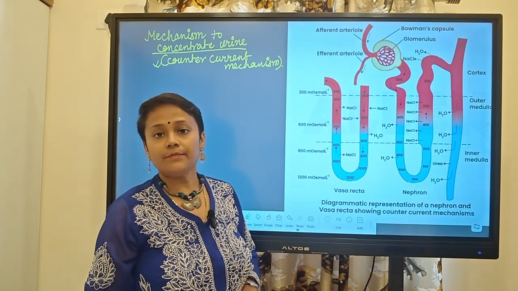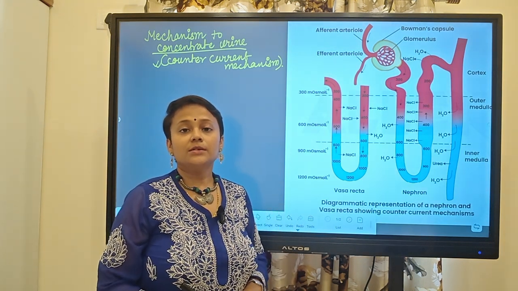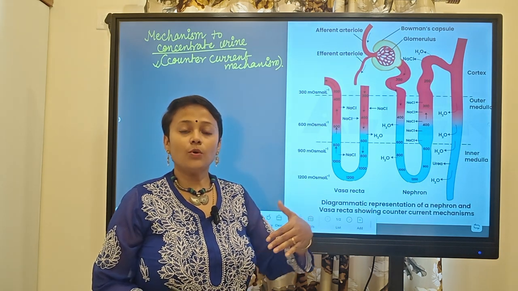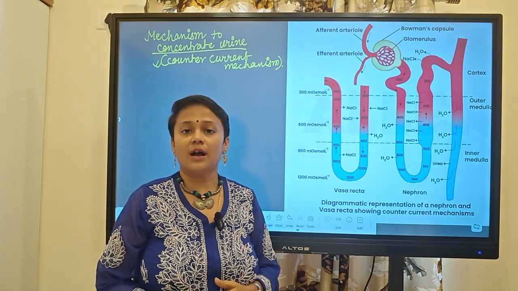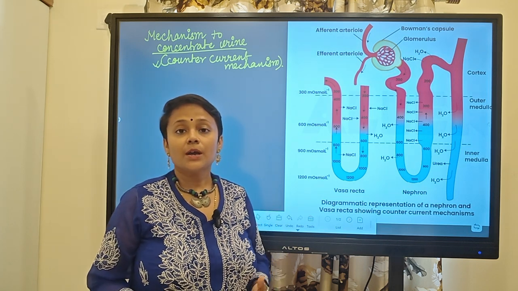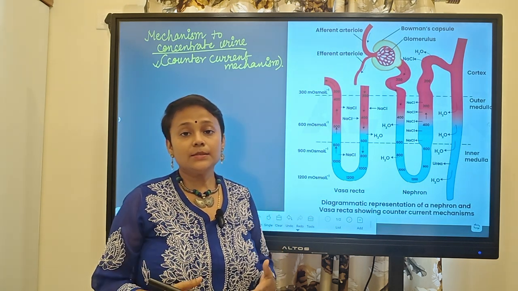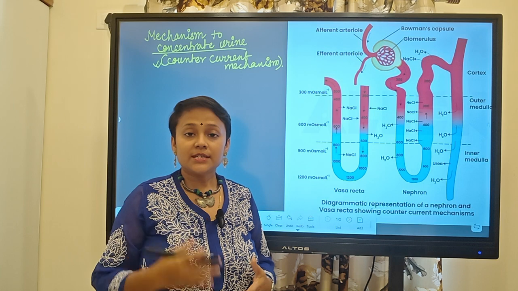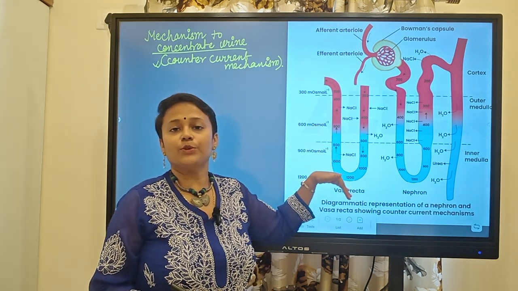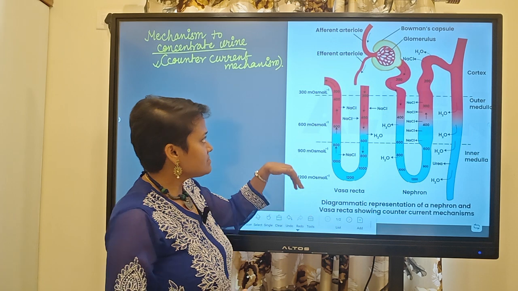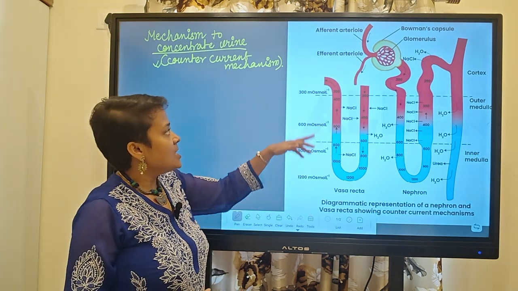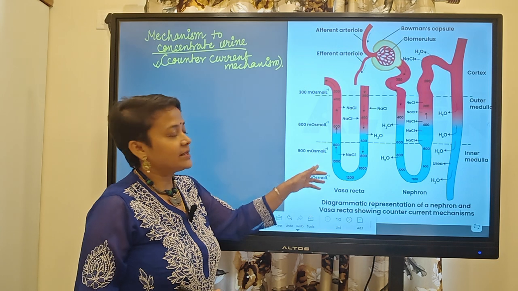Now, the Henle's loop of the juxtamedullary nephron will go deep down into the medulla. We know that the kidney has 2 parts, cortex and medulla. And if we go deep down into the medulla, we can see the osmolarity will increase.